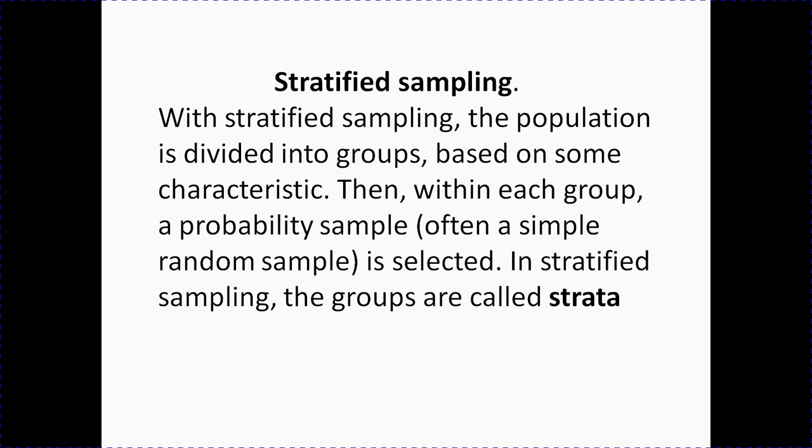So we have the population, and we divide the population into groups. These groups are selected based on some common characteristics. Then within each group, we use simple random samples to pick the members or elements which finally represent the sample.